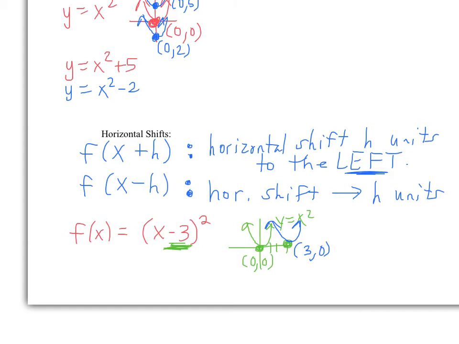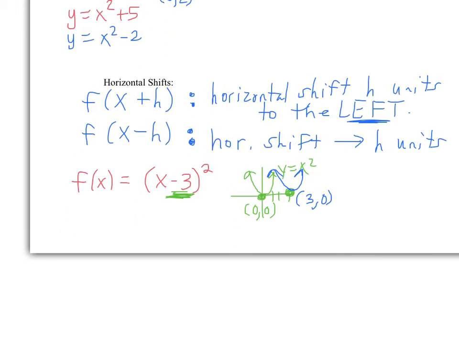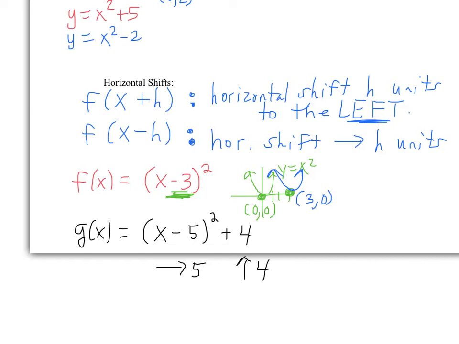Now, sometimes you might see more than one change. We could have a situation where maybe we define a function g of x, and maybe this is x minus 5 squared plus 4. Well, in this situation, we would be looking at both a vertical and a horizontal shift. So we would be going to the right 5 and up 4. So if I were to take my parent function, my starting function of x squared, okay, you can see there's a square here, so this suggests my parent function is just y equals x squared.